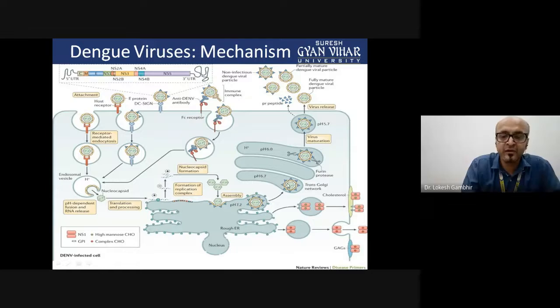the trans Golgi network. Now from this trans Golgi network, it will travel up and go to the last part, where the proton influx will again happen, and the pH will be lowered to 6. And once the pH is lowered to 6, simultaneously there is an action of a protease called furin protease, which will start cleaving and trimming the surface proteins.